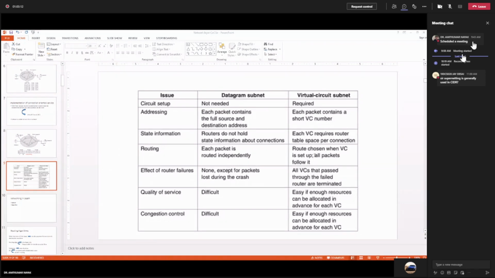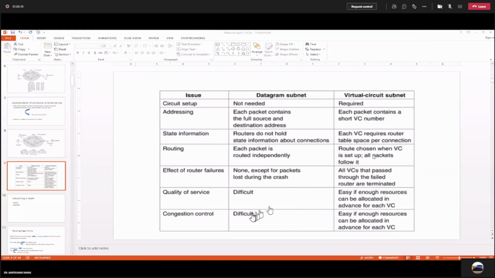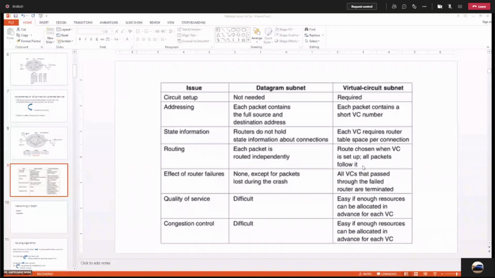CIDR stands for classless interdomain routing. Yes, the answer is yes. Those who do not know what CIDR is, please don't worry. I will explain supernetting in detail, and at that time you will get the idea about what classless interdomain routing is.